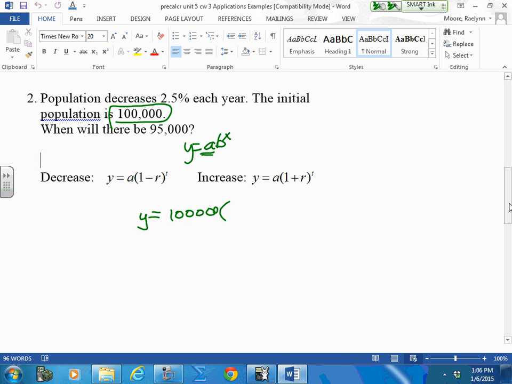So how do I have to write this? 1 minus, and how do I say 0.025? So A is 100,000. Now, my exponent is time, and time is in years. So, X is my time.